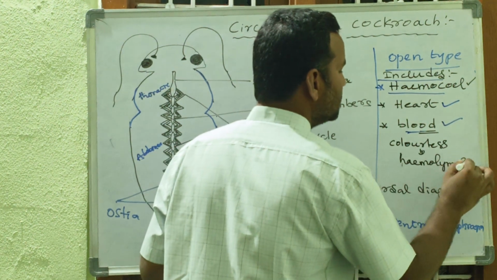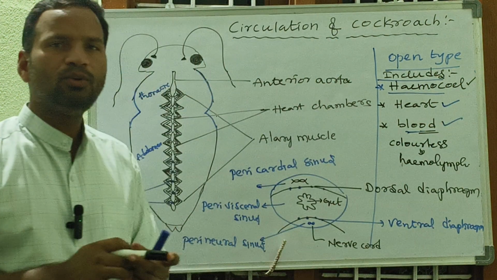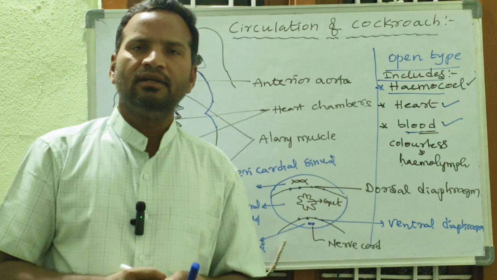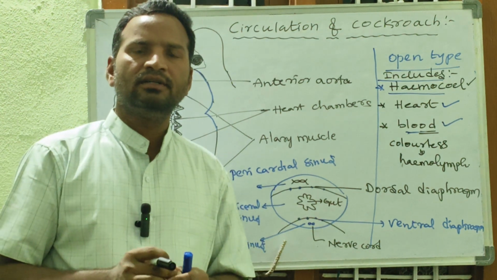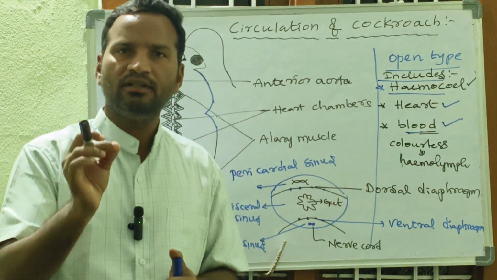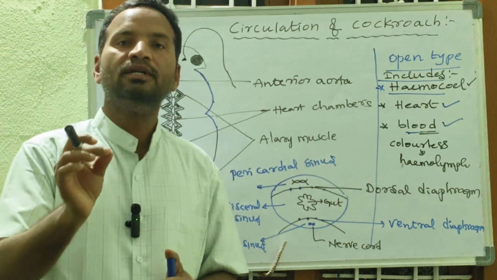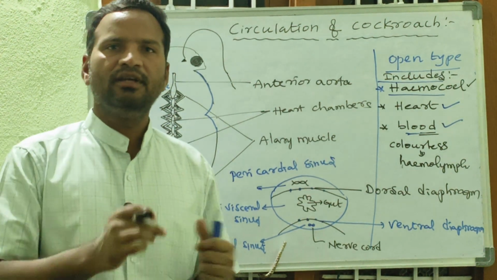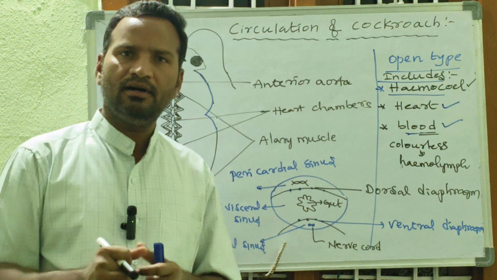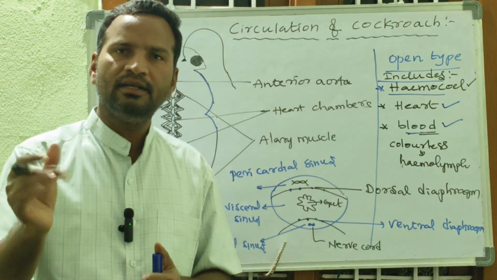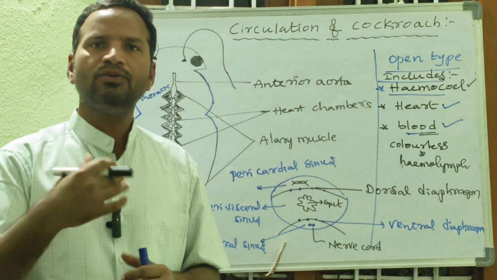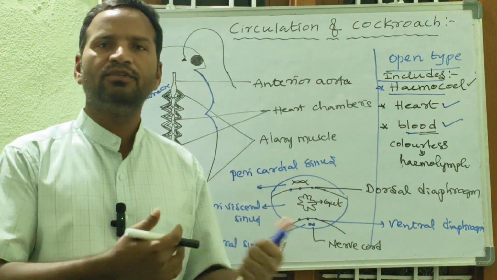Hemolymph. This is also called hemolymph. The blood of the cockroach consists of plasma, the fluid, and blood corpuscles, in which the blood corpuscles are phagocytic in nature. What is the function of these?